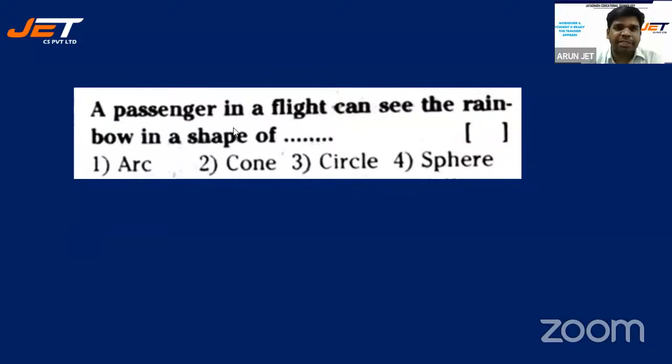A passenger in flight can see the rainbow in the shape of arc, cone, circle, sphere. Yes, almost everyone is right. A couple of students are answering 1. 1 is not right, students. 3 is absolutely right.